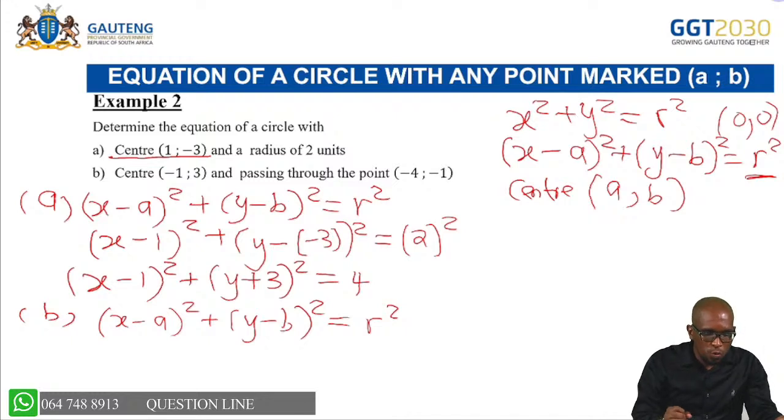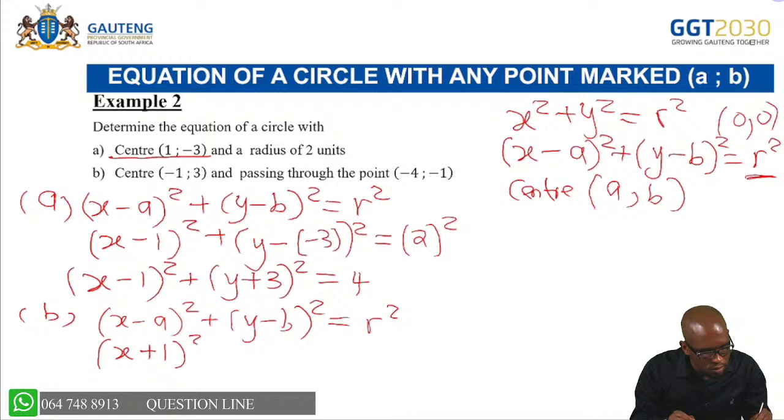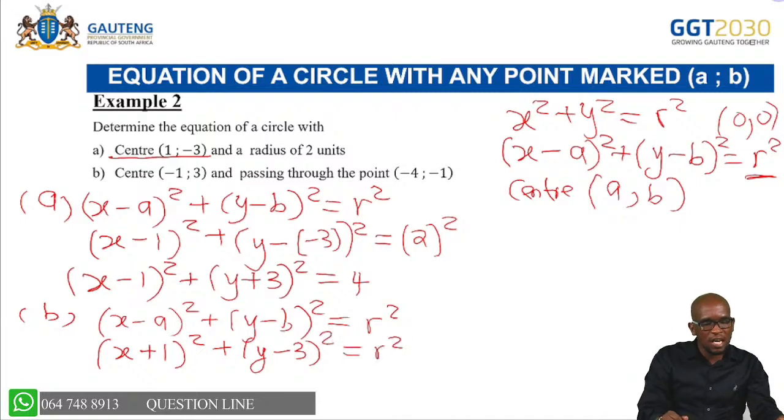Now, we will substitute the center, which is given by -1 as well as 3. After substituting the center, we check we are given a point (-4; -1). So x in this case is -4 and y is -1.